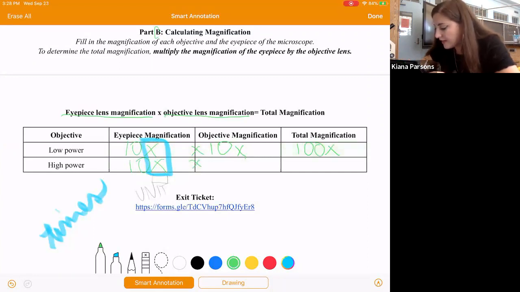And again, it's very important that we include that x. So for the high-powered objective, 40 times magnification. So the high-powered total magnification is 400 times.